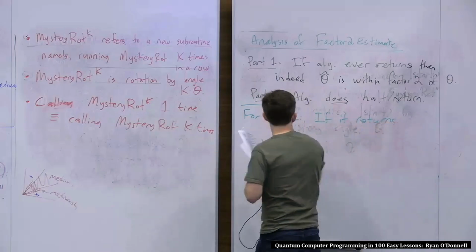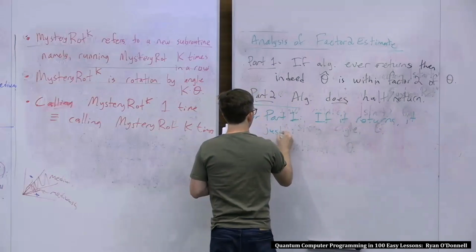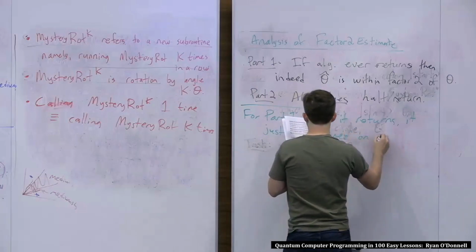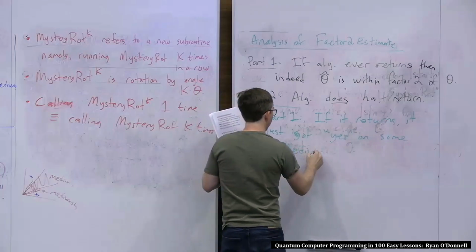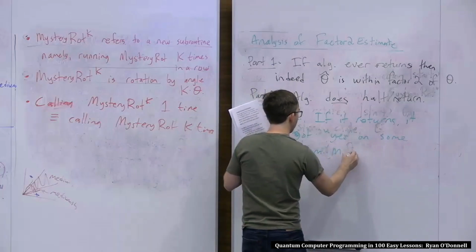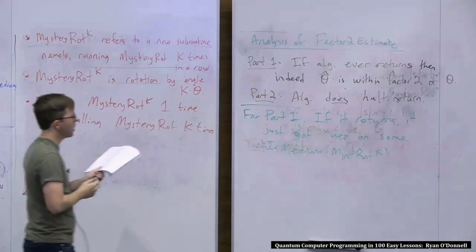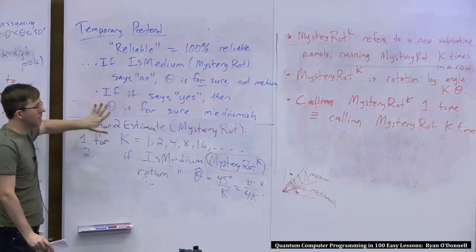It's because it just got yes on some call to is medium, for some value of k which is a power of 2. And from here, with our full reliability assumption, we know that for sure the angle is medium-ish.